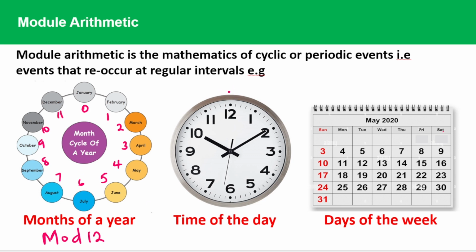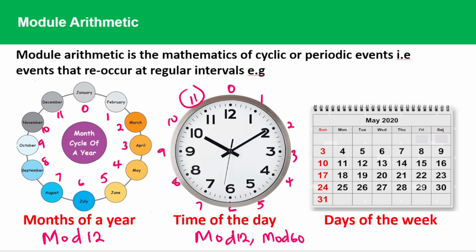Similarly, consider the hour of the day, which repeats itself after every 12 hours. So the hour hand operates in mod 12, while the minute hand operates in mod 60, because the minute hand repeats itself after every 60 minutes. If we number the hour hand beginning from 0, we have 0, 1, 2, 3, 4, 5, 6, 7, 8, 9, 10, 11.